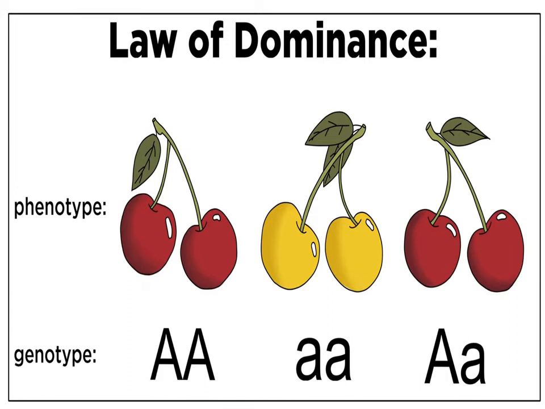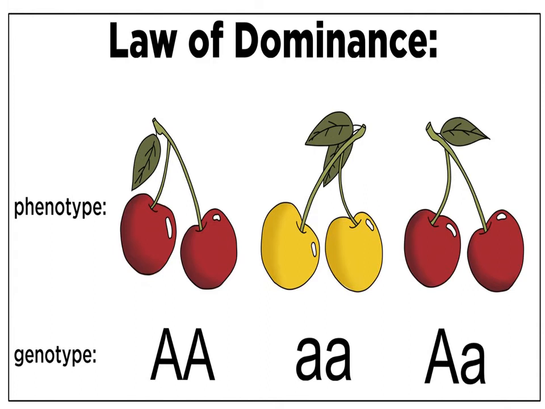This is a good example of the law of dominance. For the first cherry, the genotype is homozygous dominant red. The second cherry is represented with the genotype homozygous recessive, and the third cherry is represented by the heterozygous dominant.